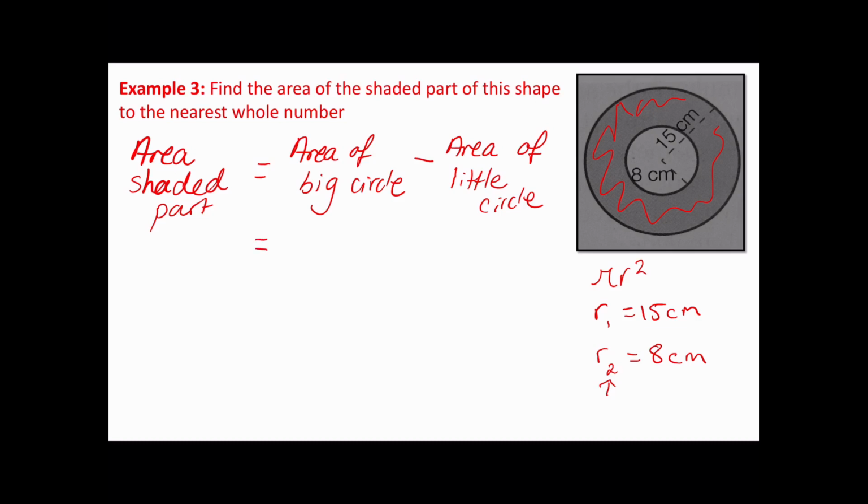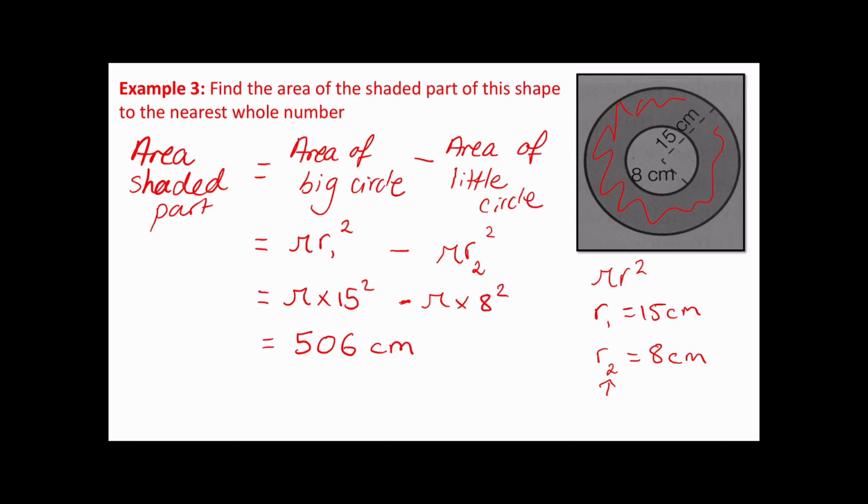So my area of the big circle, pi r1 squared, minus the area of the little circle, pi r2 squared. Substituting in, and what I'm going to get, remembering we're rounding to the nearest whole number, is 506 centimeters squared.